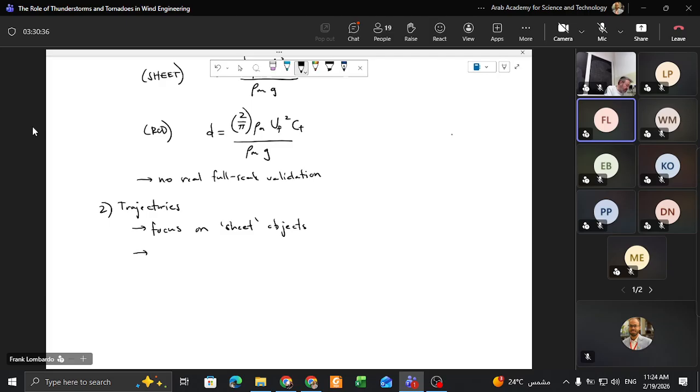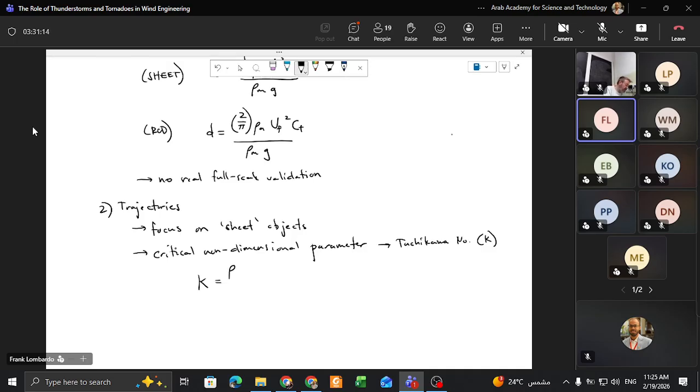In general, there's been one critical non-dimensional parameter used to estimate trajectories. This is called the Tachikawa number, usually given by the variable K, and it relates the aerodynamic properties to the gravitational properties of the debris.